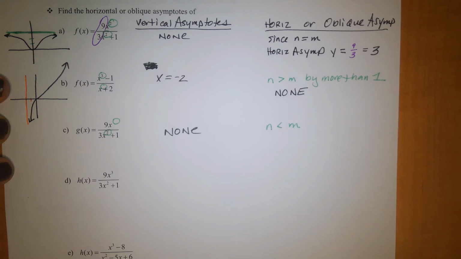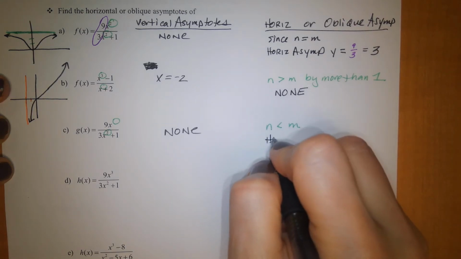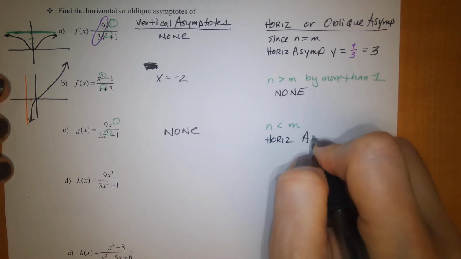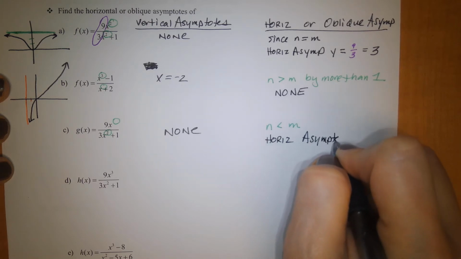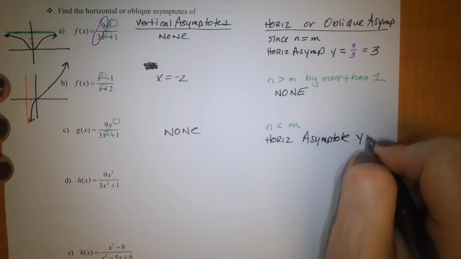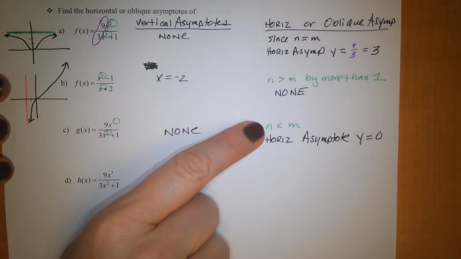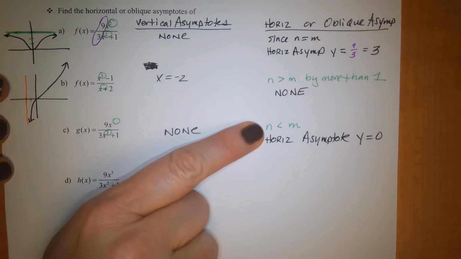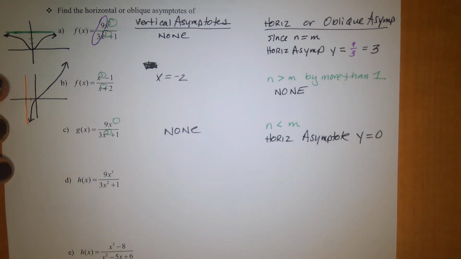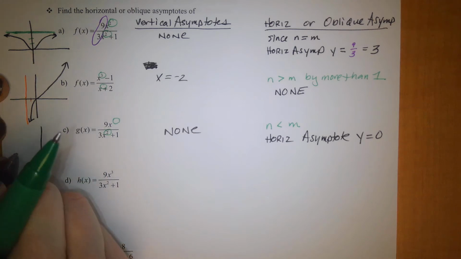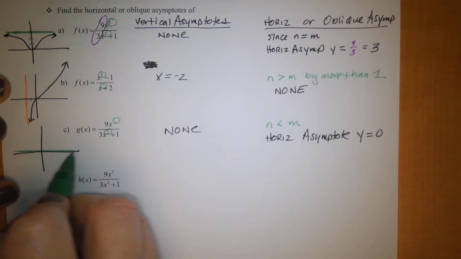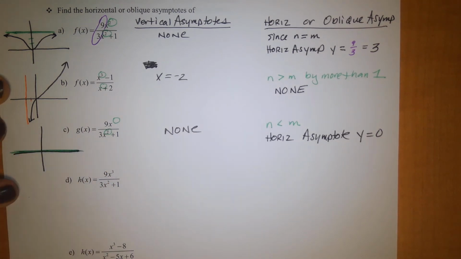So that means I will have a horizontal asymptote located at y equals 0. Automatically, by definition, if the numerator is smaller than the denominator, the horizontal asymptote will be at y equals 0. So if I graph this, y equals 0 is actually the x-axis.